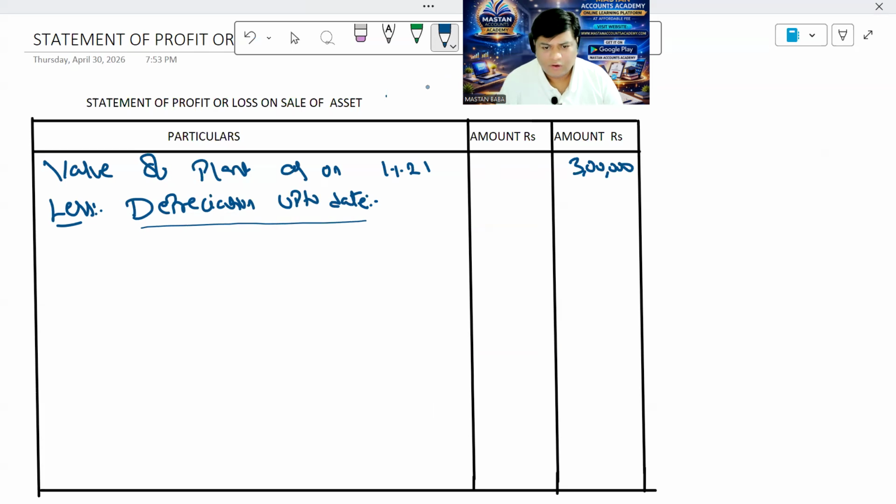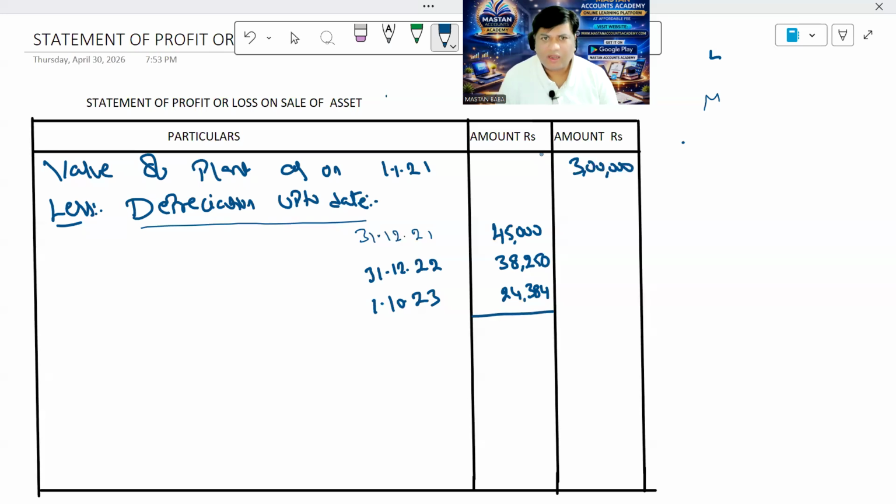Okay, so on 31/12/21, the first full year the depreciation comes to 45,000, and 31/12/22 the depreciation amount comes to 38,250, and 1st October 23 they have been sold for the part of the year. So what is the depreciation here? 24,384 rupees. ఏం చేసాం ఇక్కడ? We have calculated the depreciation relating to the first plant. First year 45,000, second year 38,250, and third year proportionate period, that just we have calculated 24,384.